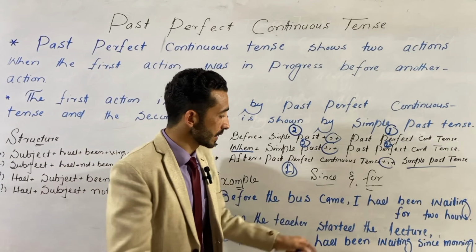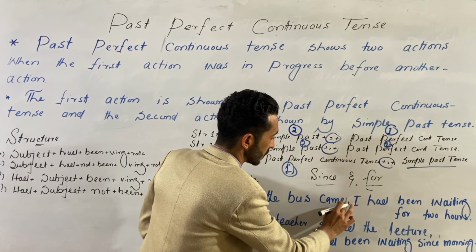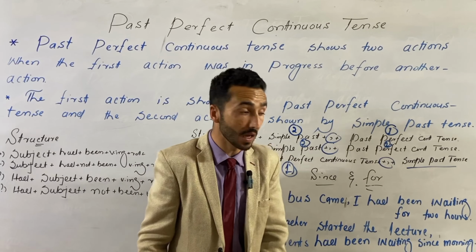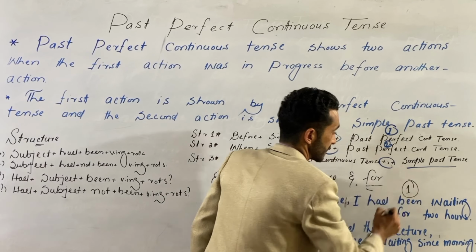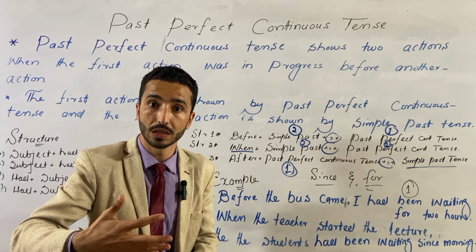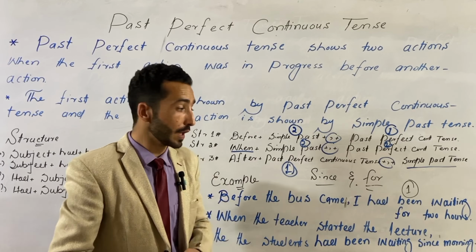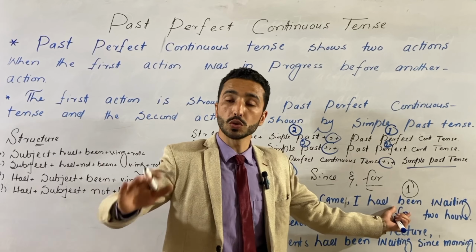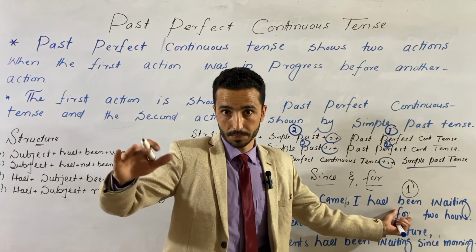Before the bus came, I had been waiting for 2 hours. Now look, this is the first action that was happening, I was waiting for the bus. When the bus came, this action of waiting had been happening for some time.